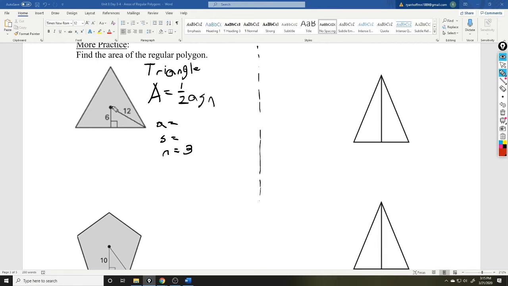Well, we're given the apothem. Right? We're given the height of this triangle that we would make. That apothem is 6. So our side length here is what we're trying to solve for. Let's go over here and do it.